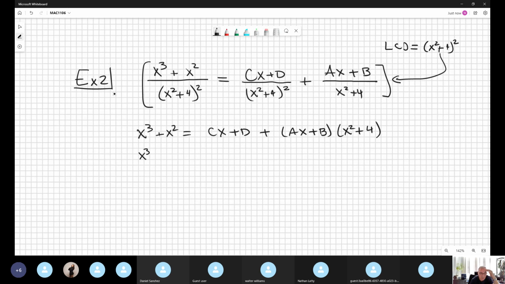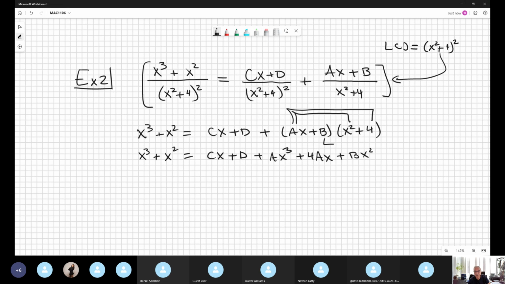However, you are doing it differently. You foil this cx plus d. Just bring it down and you foil ax plus b times x squared plus 4. This time this is ax cubed, this time this is plus 4ax plus bx squared, this multiplication, and 4b.